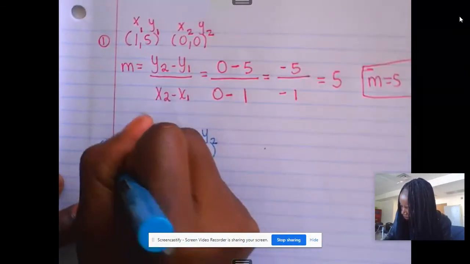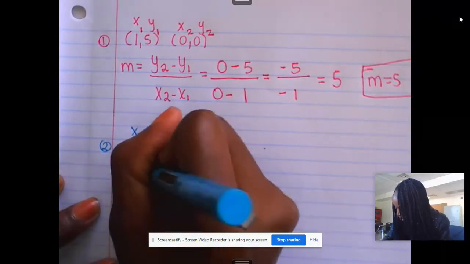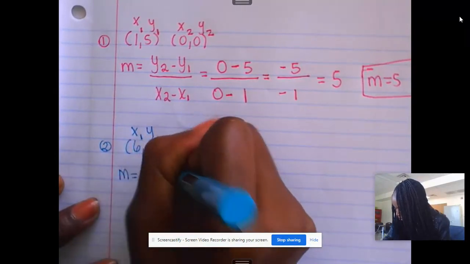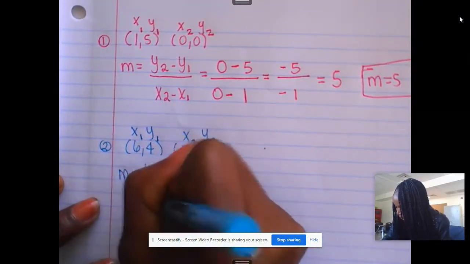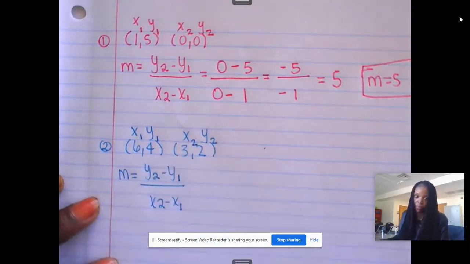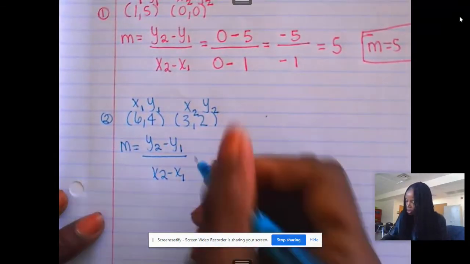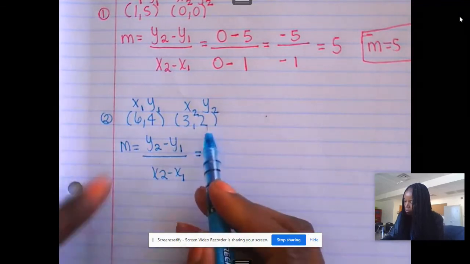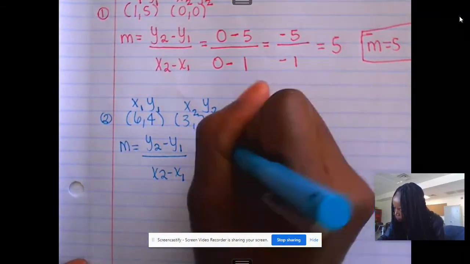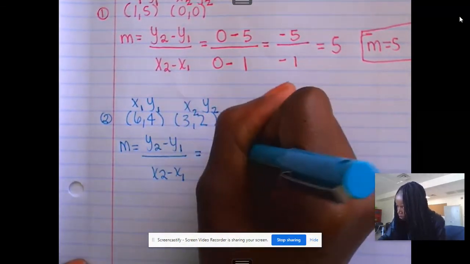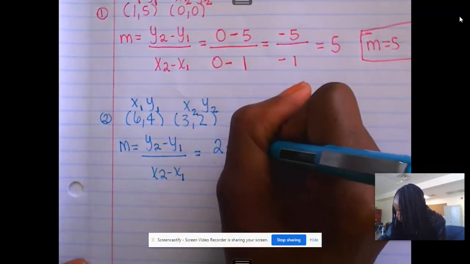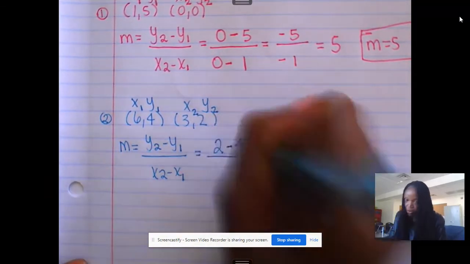So I'm writing my slope formula like I did up top. My m equals y sub 2 minus y sub 1 divided by x sub 2 minus x sub 1. Okay? And from here, I'm just doing my simple plug-in. My y sub 2 is 2. I'm getting my minus sign from my formula. My y sub 1 is 4. Division.